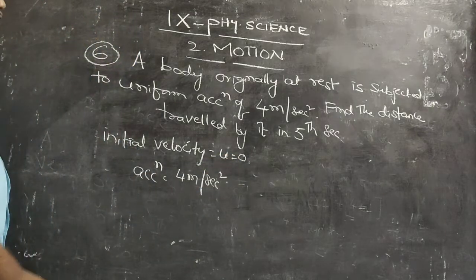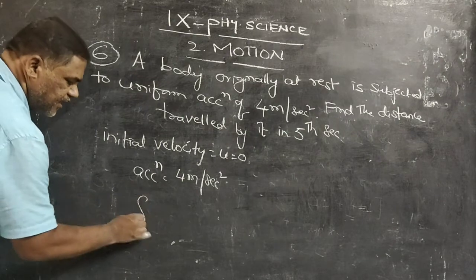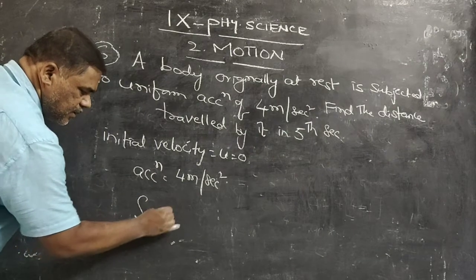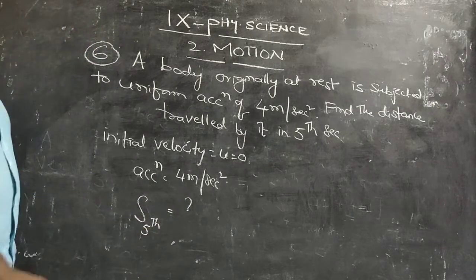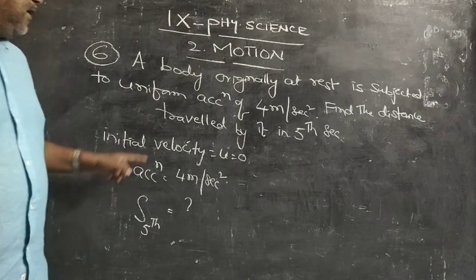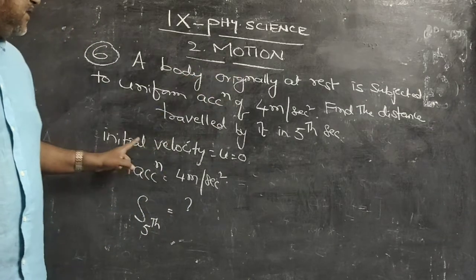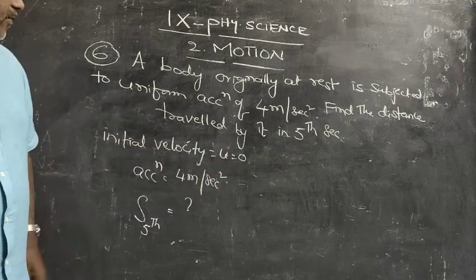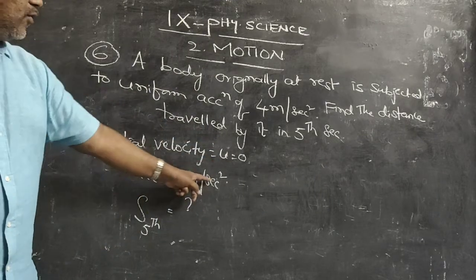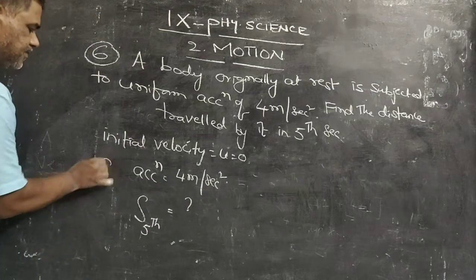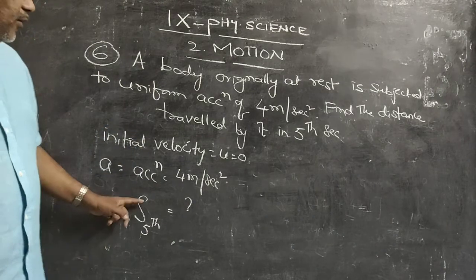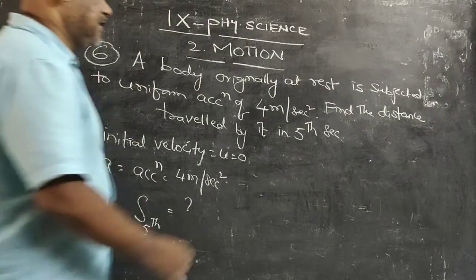Now we should find out distance travelled in fifth second. The body initially is at rest, so initial velocity u is 0. Acceleration a is 4 meters per second square. And we have to find distance travelled in fifth second.